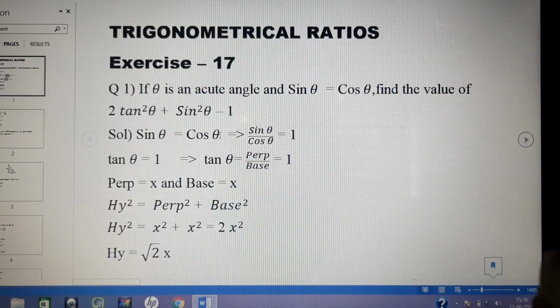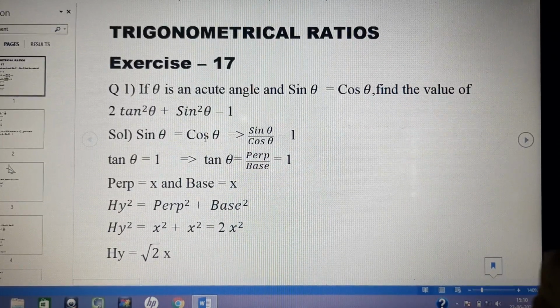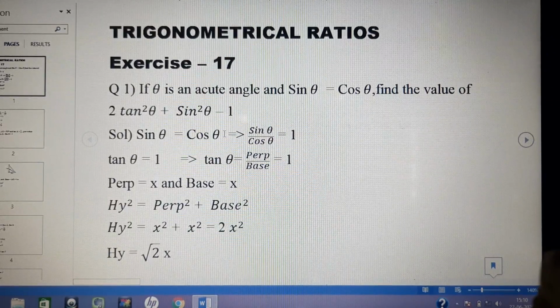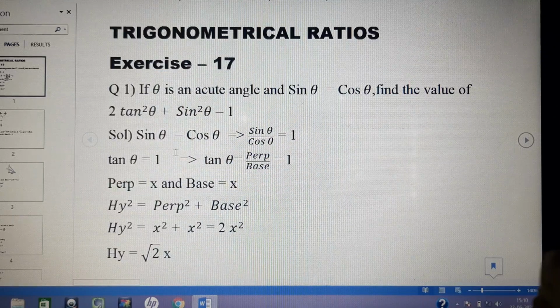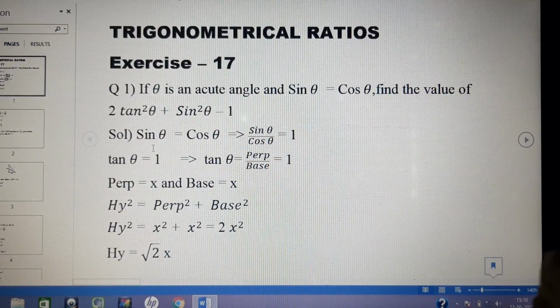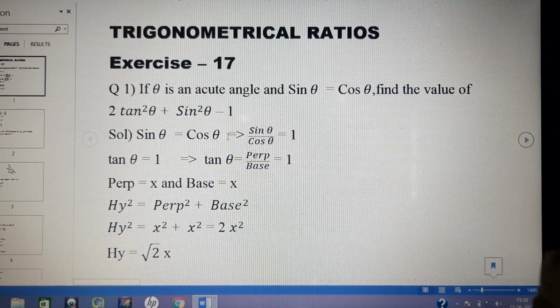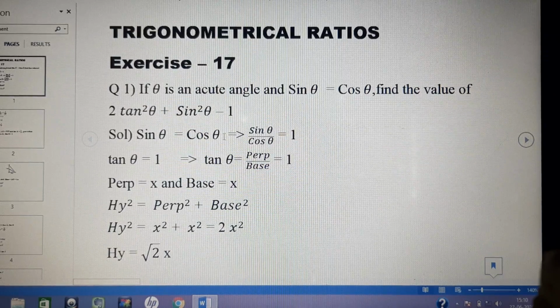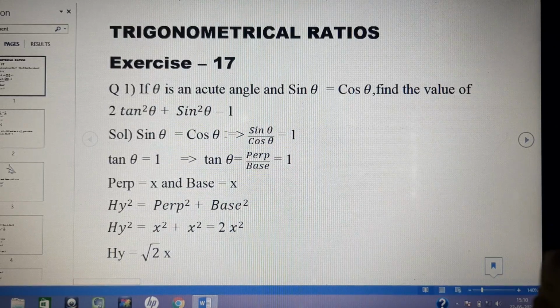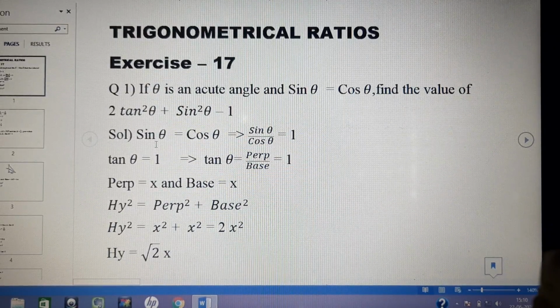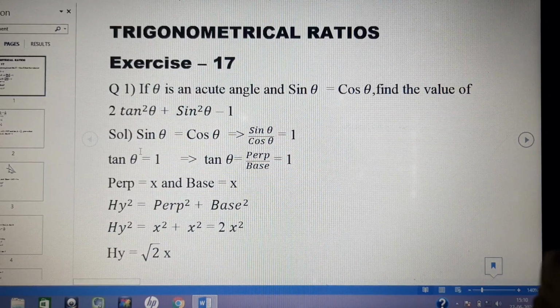Sin theta is equal to cos theta into 1, because every number multiplied by 1 remains same. If we transfer cos theta from RHS to LHS, 1 will remain over here, and because they were in multiplication, cos theta will go to the denominator in division.